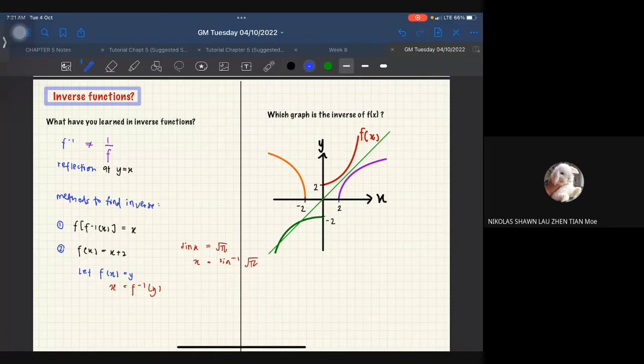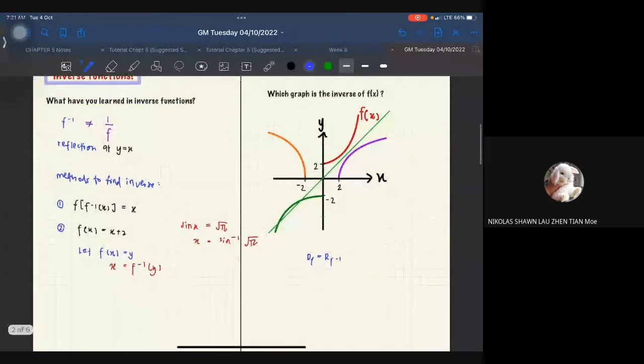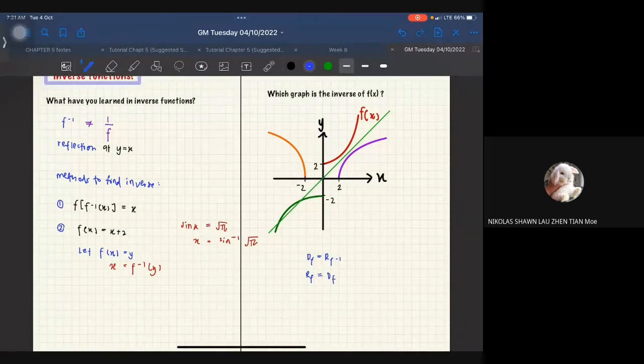So it tells us that the domain of f is gonna be the range of f inverse, and the range of f is going to be the domain of f inverse. Okay, so maksudnya whatever value of x dekat dalam original function akan jadi y dekat inverse. Okay, so saya tulis dekat sini, ini original, this is inverse. Sorry.